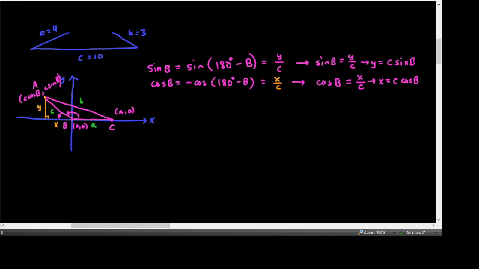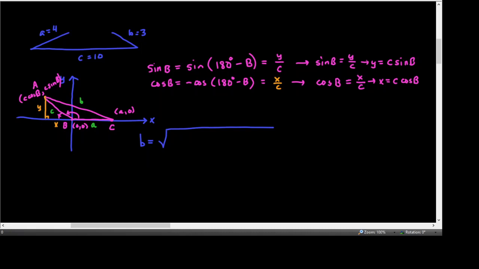now what we're going to do with that is think about the length of segment b. Since we have the coordinates of the points on either end of that segment, we can use the distance formula to calculate the length of b.